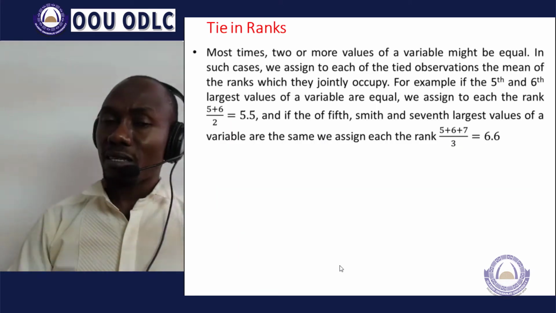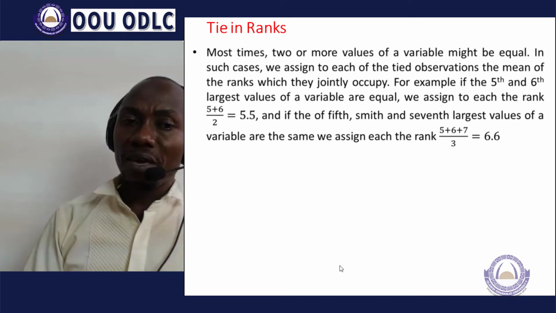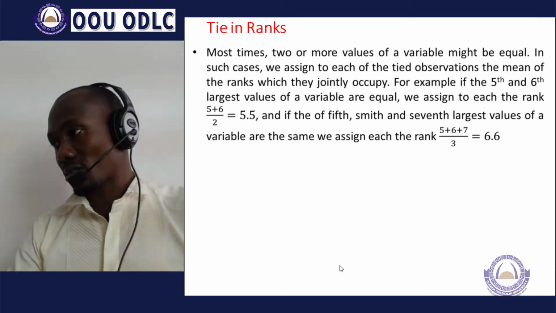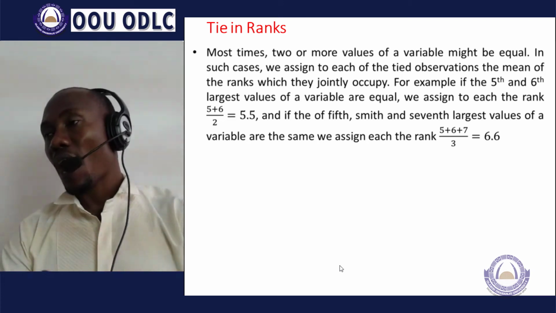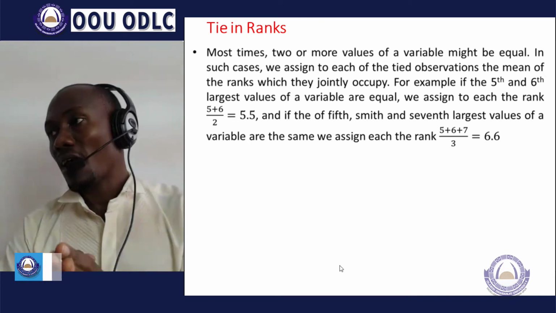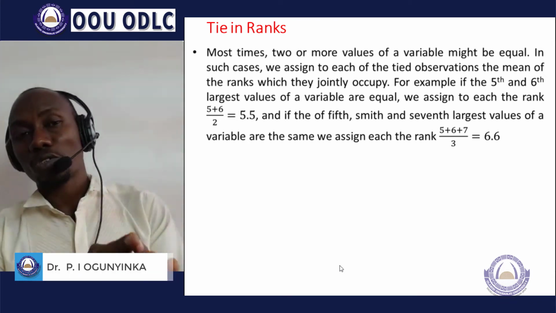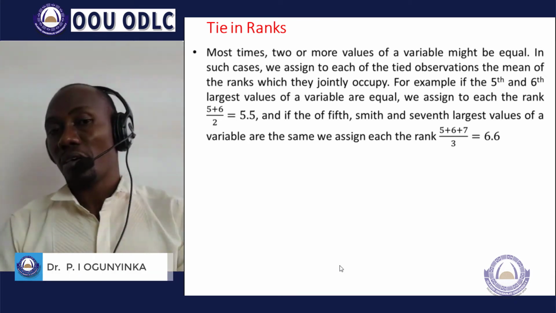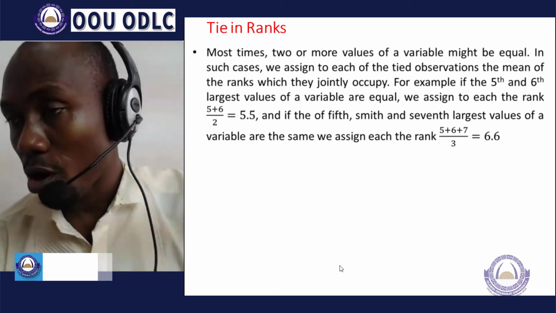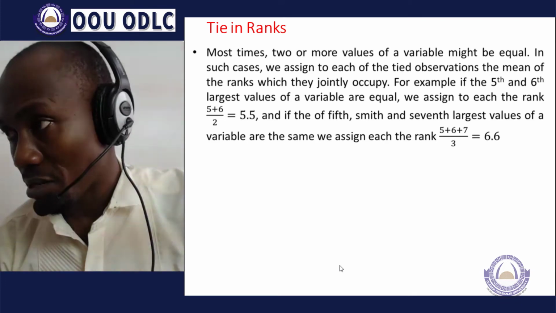However, in Spearman's rank correlation coefficient, there could be instances where there will be tie of ranks, where you have 2 observations having the same rank. In such a case, you have to find the average of the 2 ranks.